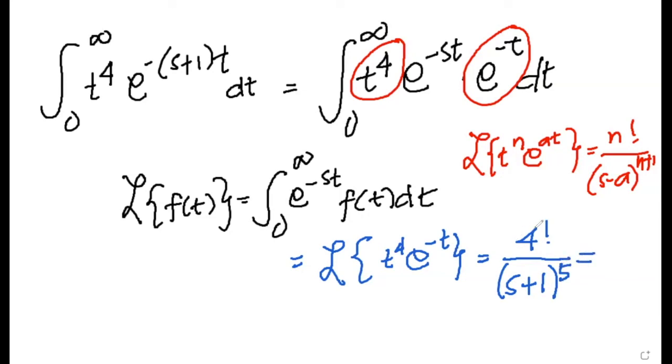And you should evaluate 4 factorial. This is equal to 24 over s plus 1 raised to 5. Now this is your final answer.